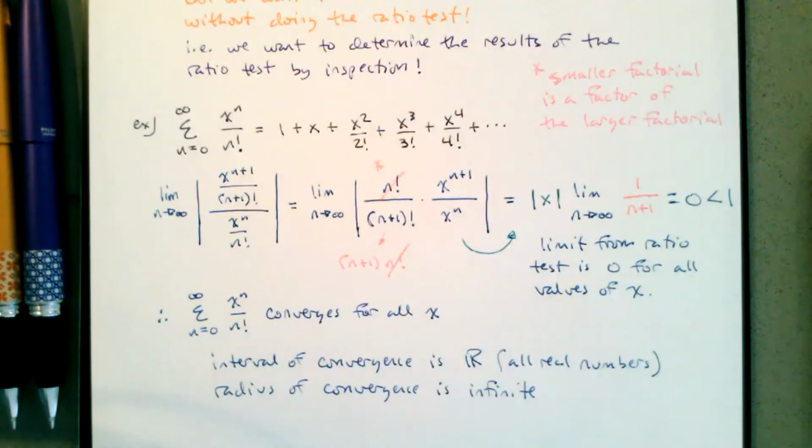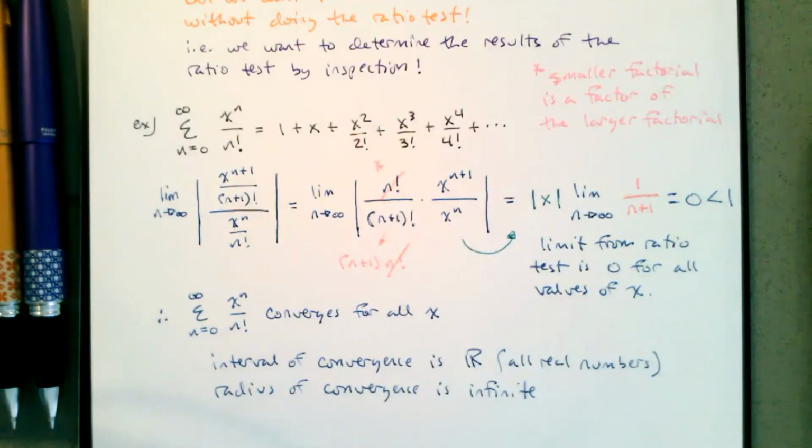Note that even if we plug in 100 billion for x, when n is a million, we have a million factors of 100 billion. But in the denominator, we have n factors of numbers that are going to be larger than x. I got those backwards.